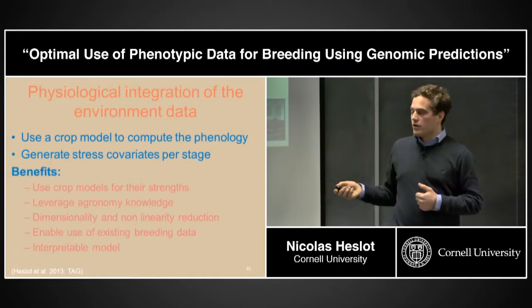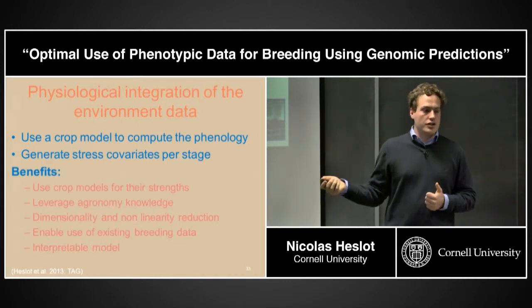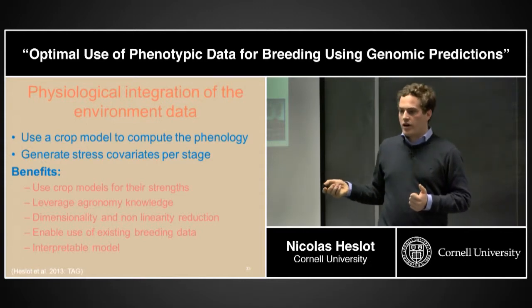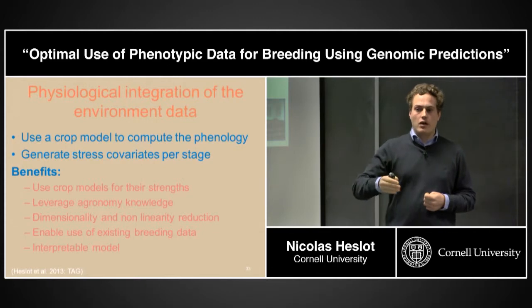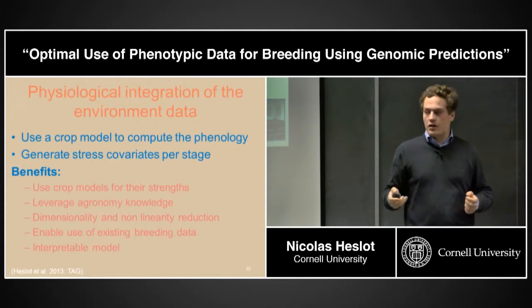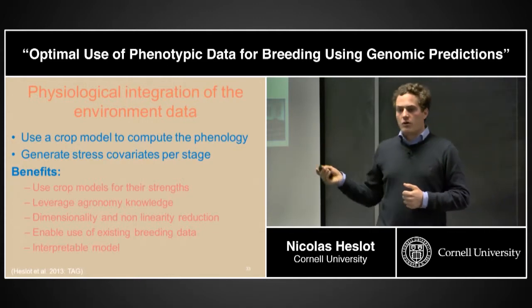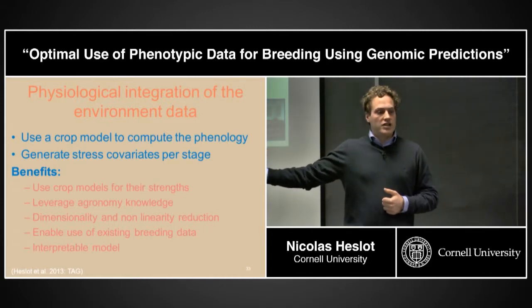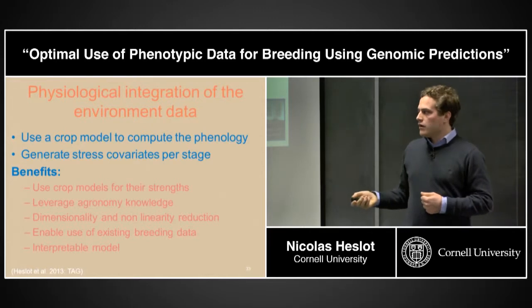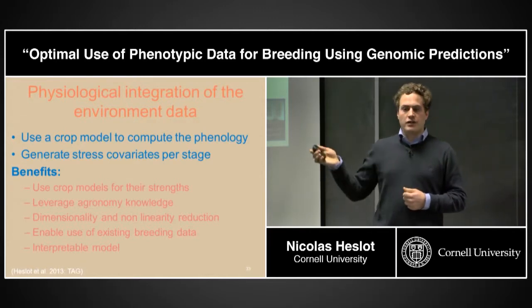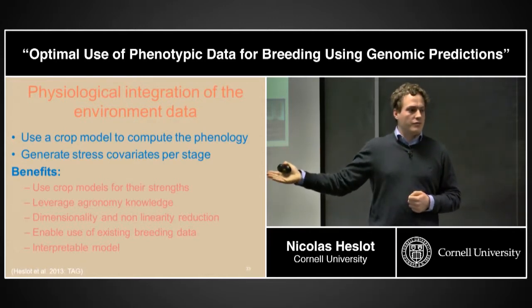First, we use crop models for what they're good at, predicting phenology. We leverage agronomy knowledge because we know which stressors are important when, and there is a lot of literature around those issues. We reduce dimensionality from daily weather data to a couple dozen covariates, which makes our job much easier. We can use existing breeding data because we don't need fancy phenotypes to be collected.